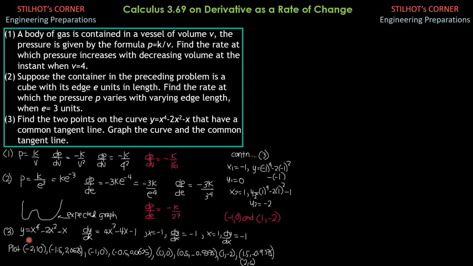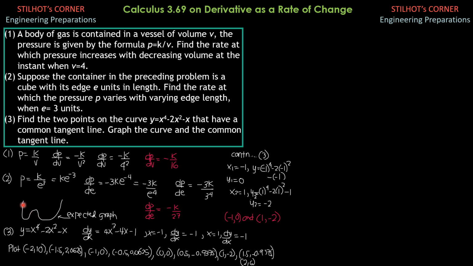So before we find the points where the curve has a common tangent, we have to sketch the graph. Then from there, we can locate the points where the tangent is common. For example, because it looks like a W, more or less the points would be somewhere here.